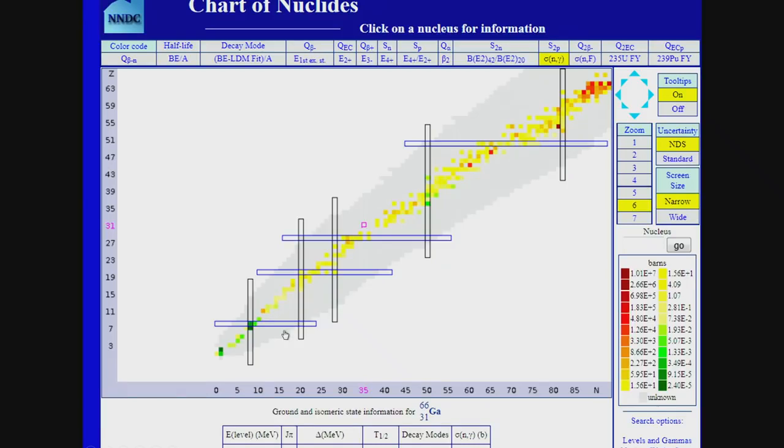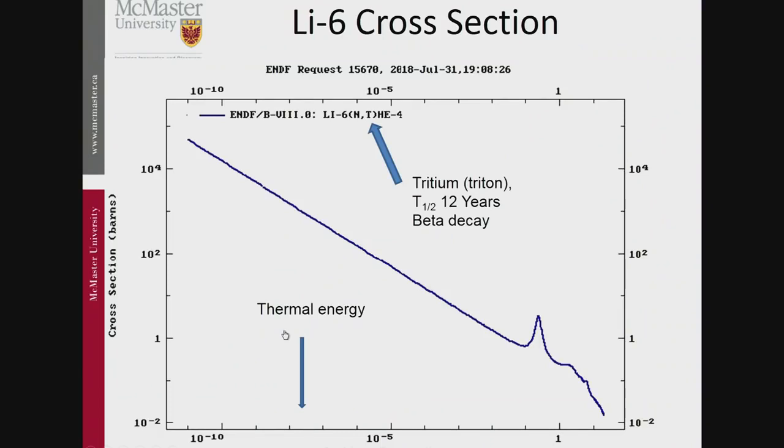And that is actually the one that's being used to poison reactors, right? So when you start up a reactor, you put a lot of boron in the moderator, and then that absorbs neutrons. So that's not a good one to use. But boron 11 is okay. So that's one of the reasons why we take the boron. Lithium.